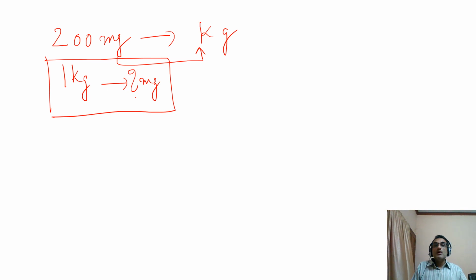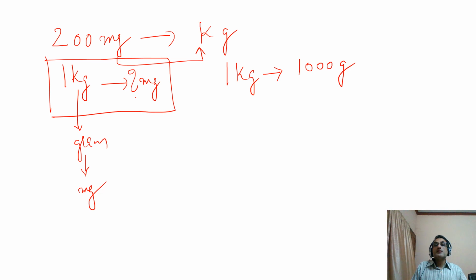So what I will do, I will go from kilogram first to grams and then grams to milligrams. So we all know 1 kilogram is equal to 1000 grams. Further, I have to carry this on from 1 gram to milligrams. How many milligrams is it?